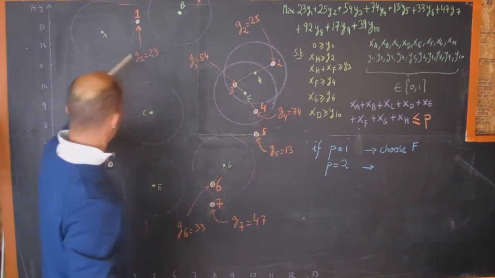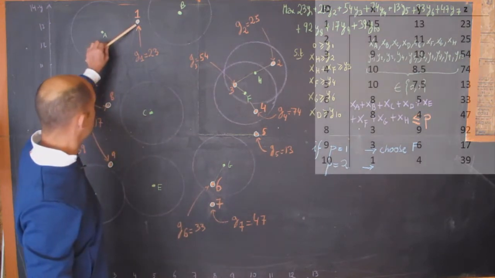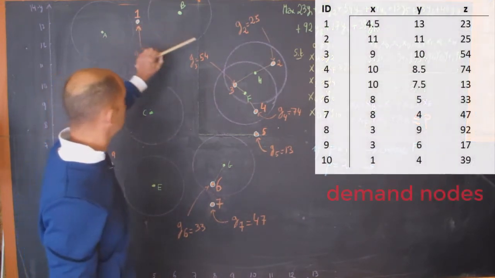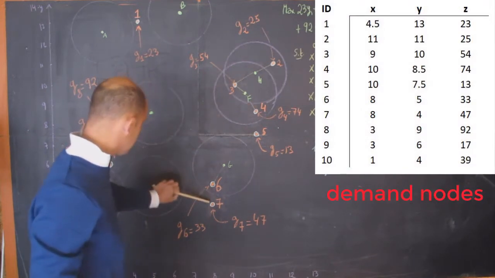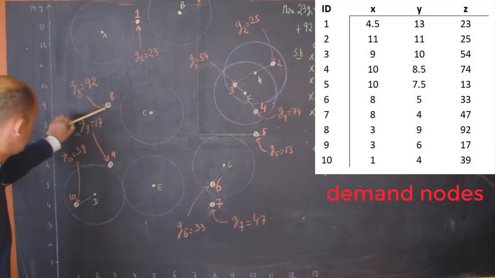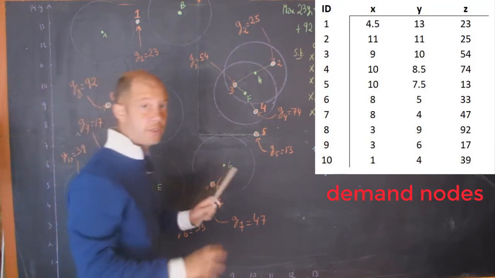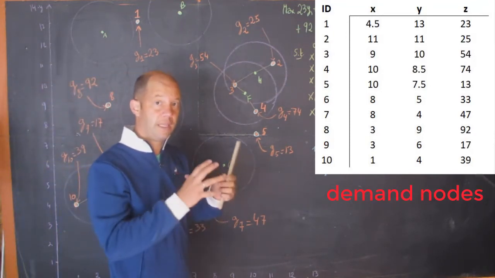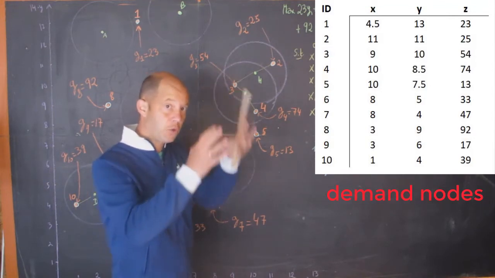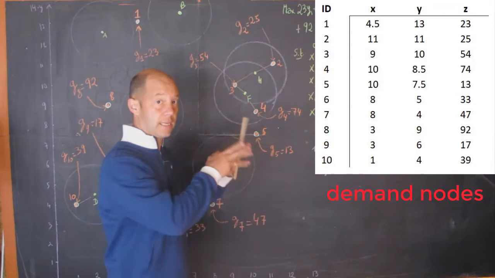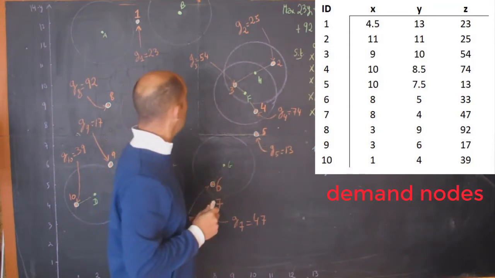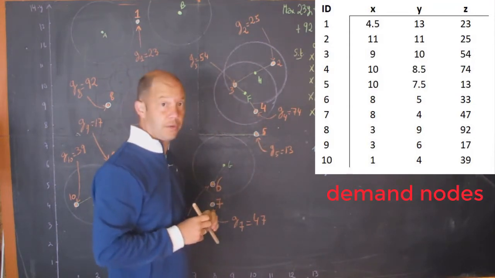Second thing, we do have demand nodes. They are in red, okay? Number 2 here, number 3, number 4, 5, 6, 7, 8, 9, and 10. And again, these demand nodes could be the centroid, for instance, of a geographic unit. It could also be individual, but in this case, I'm going to use some sort of aggregated population value.